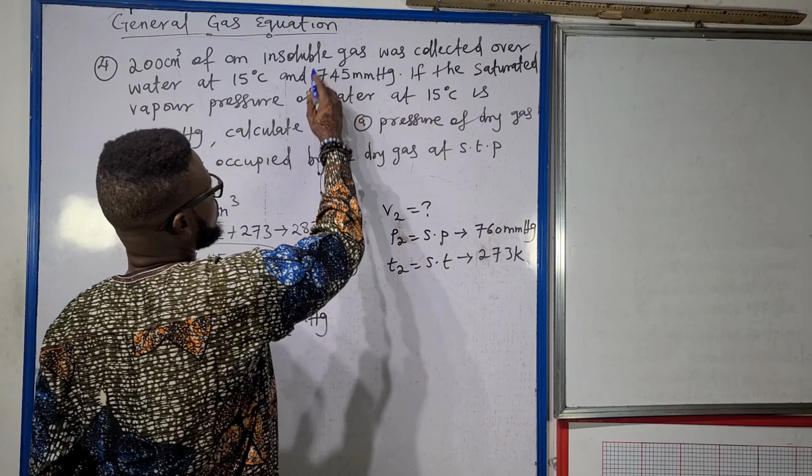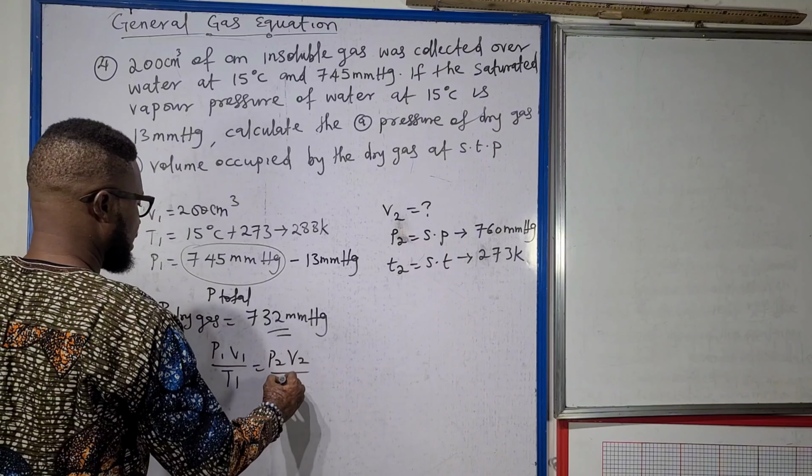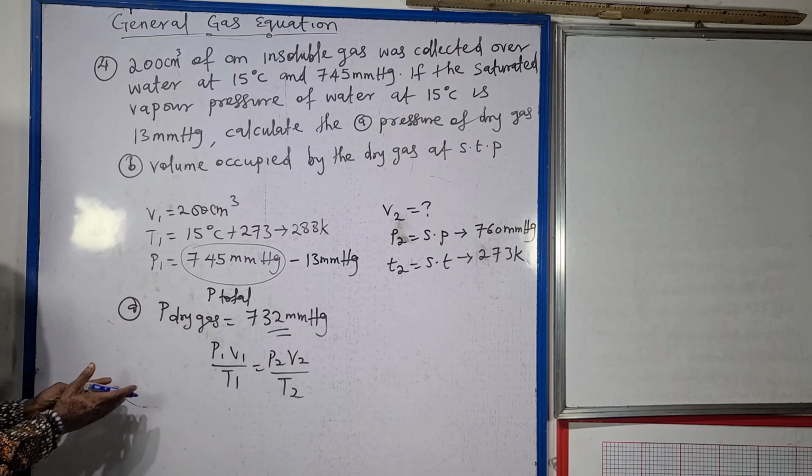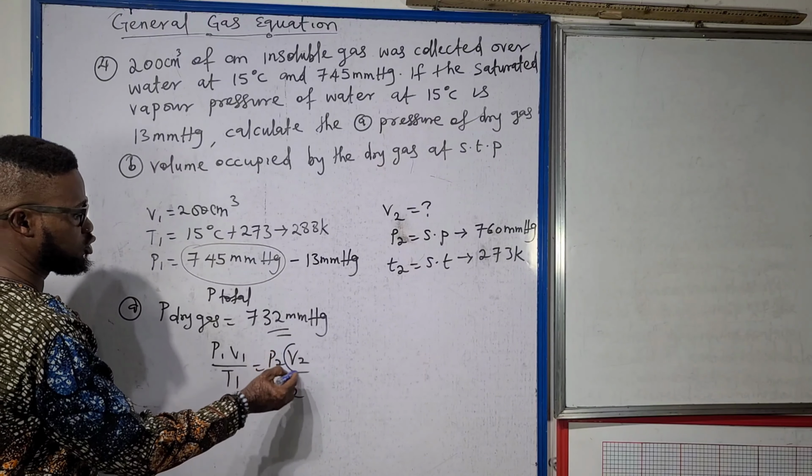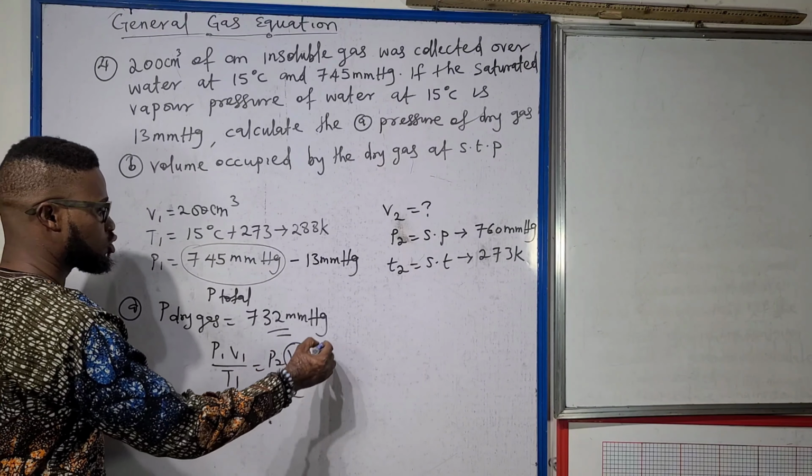So volume occupied by the dry gas at STP, obviously P1 V1 over T1 equals P2 V2 over T2. What this means is I am looking for V2. So since I am looking for V2, what I am going to have is that P1 V1 T2 divided by T1 P2 equals V2.